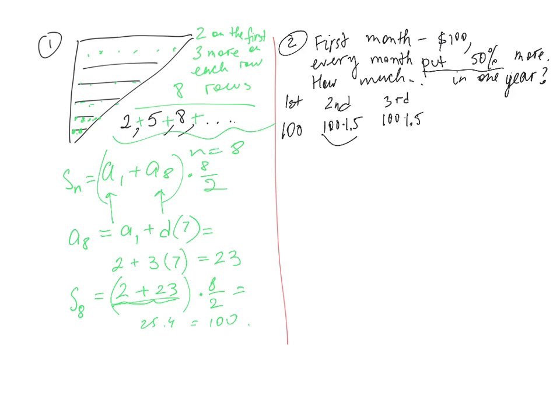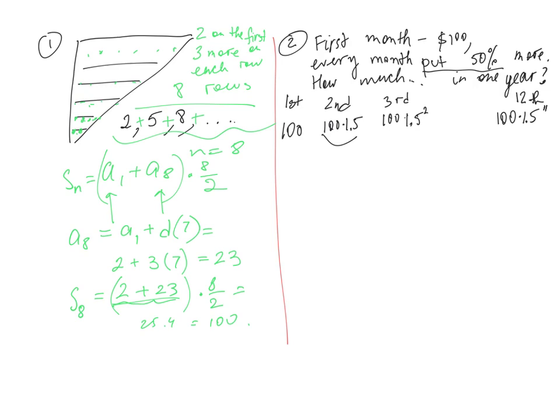In other words, I need to square 1.5, and so on. So at the end of the year, it will be 12th, and I'm going to add 100 times 1.5 to what power? Let's think. No power here. First power for the second month, second power for the third month. So for the 12th month, it will be 11th degree.